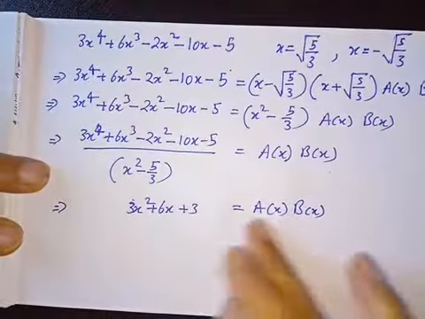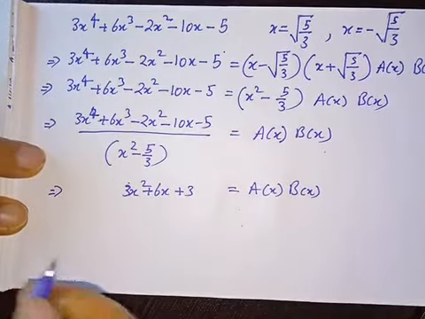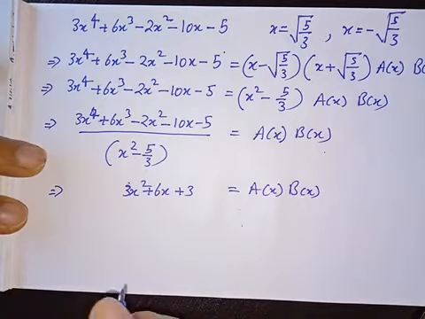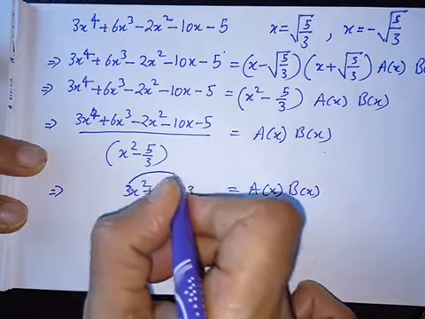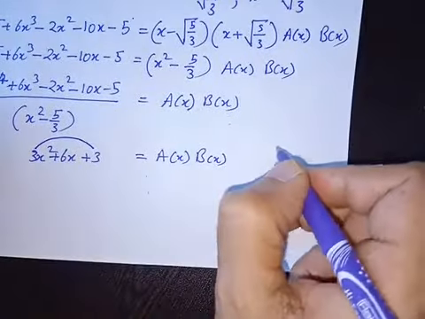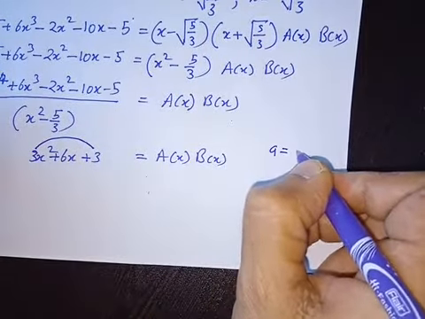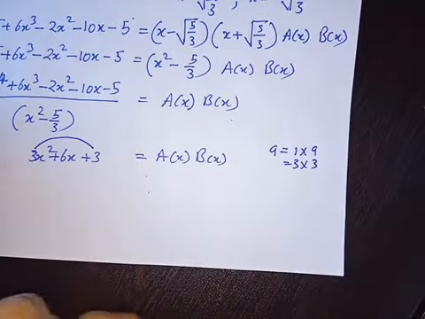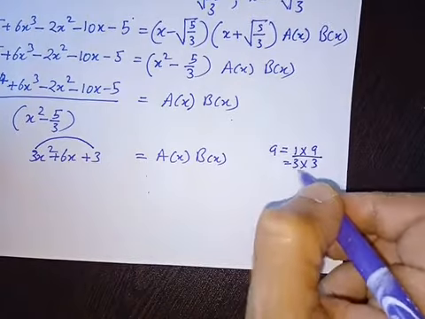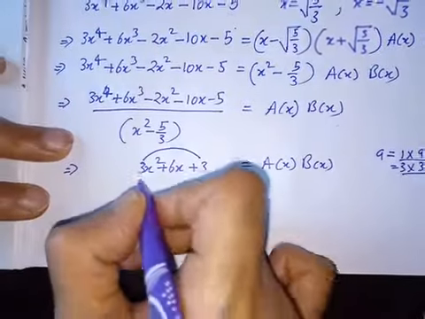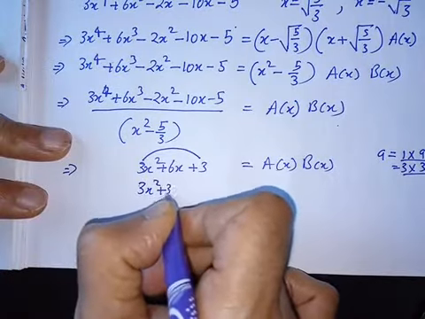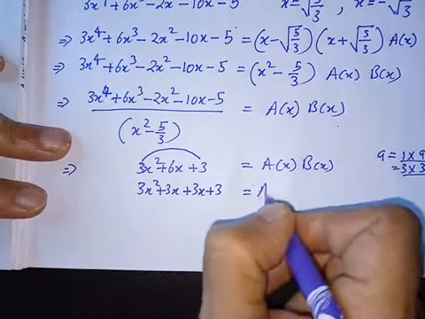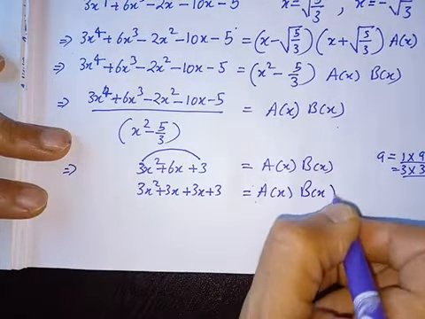So for finding the remaining two zeros we have to factorize this. We can take 3 common, but let us do it like that only. On multiplying these two we get 9, and the factors of 9 are 1 into 9, 3 into 3. So this will give 10 and this will give 6 on adding. So 3x square plus 3x plus 3x plus 3 is equal to ax and bx.